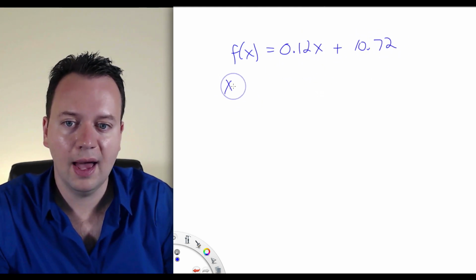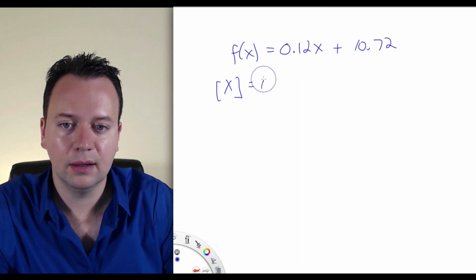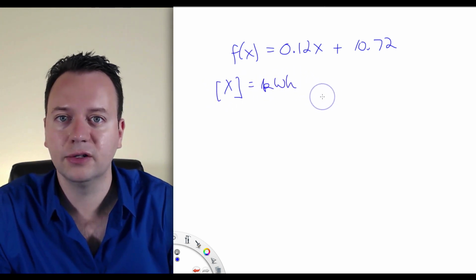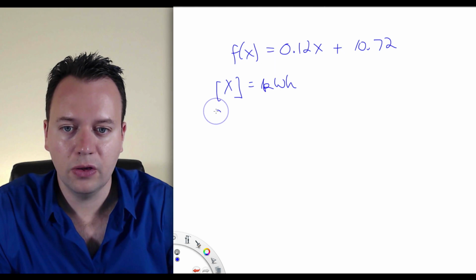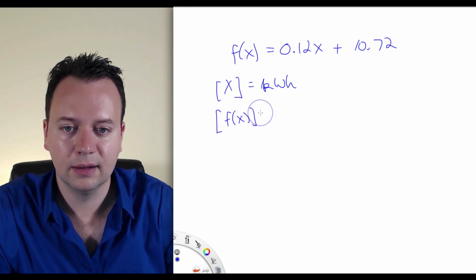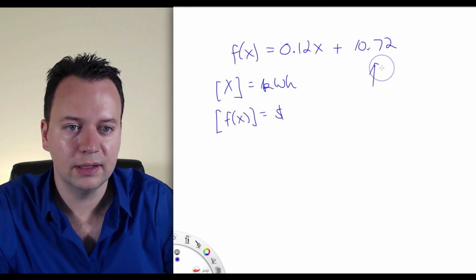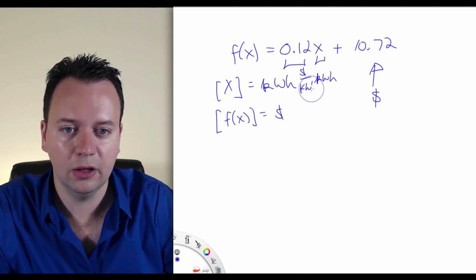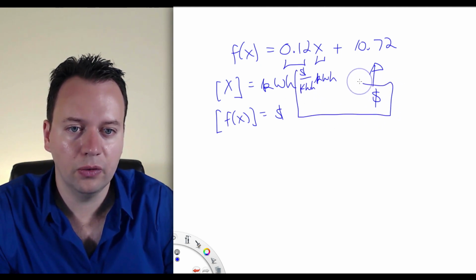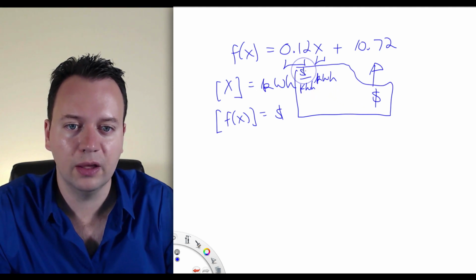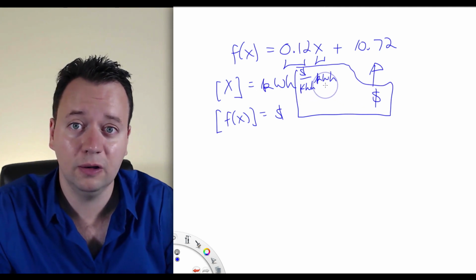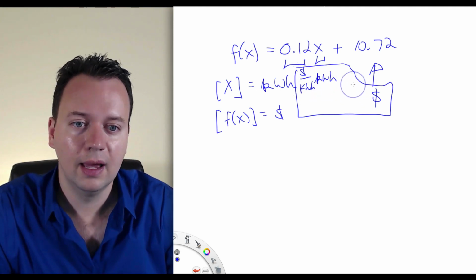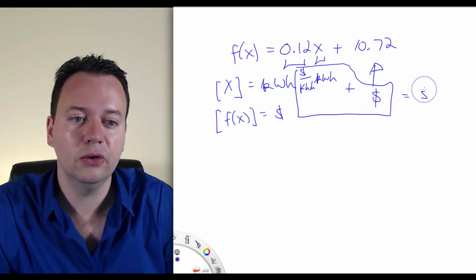The input x is in kilowatt hours, and the units of f of x are in dollars, which means the 10.72 should be dollars. Since x is in kilowatt hours, then 0.12 should be dollars per kilowatt hour. So the units agree all the way through. We get dollars per kilowatt hour times kilowatt hours, that just gives me dollars, and then plus dollars equals dollars.